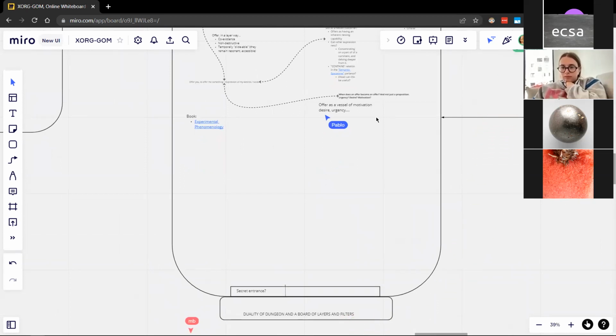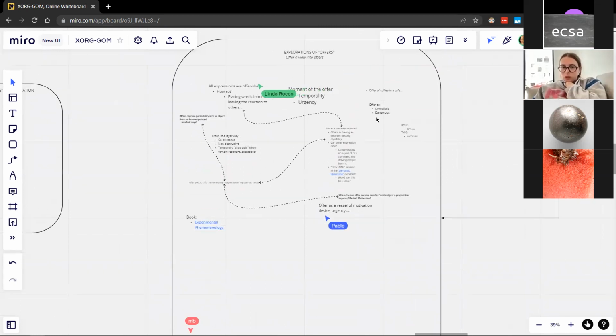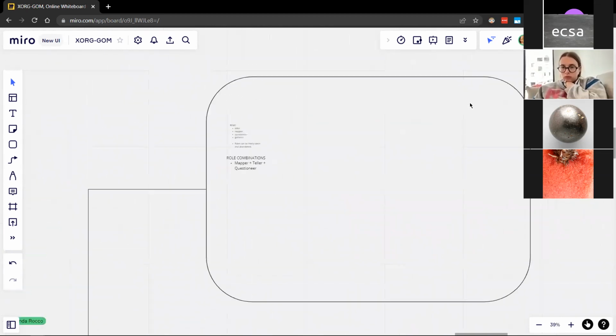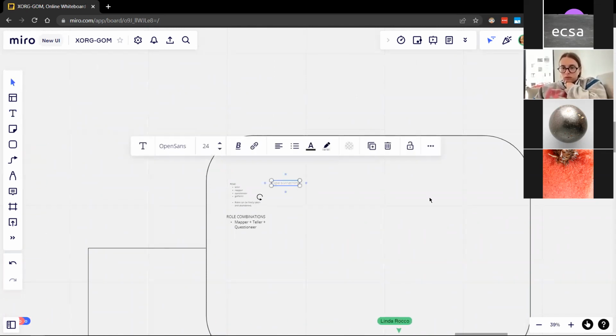What are the forms that we have now, or how do we call them? Forms or modes that we have been talking about over the whole time. So there's the mega dungeon thing. Then there is the layer filtering thing. Then what other modes did we have?